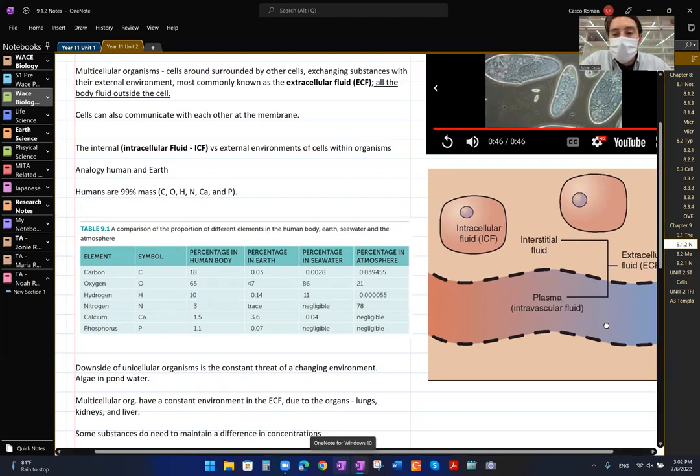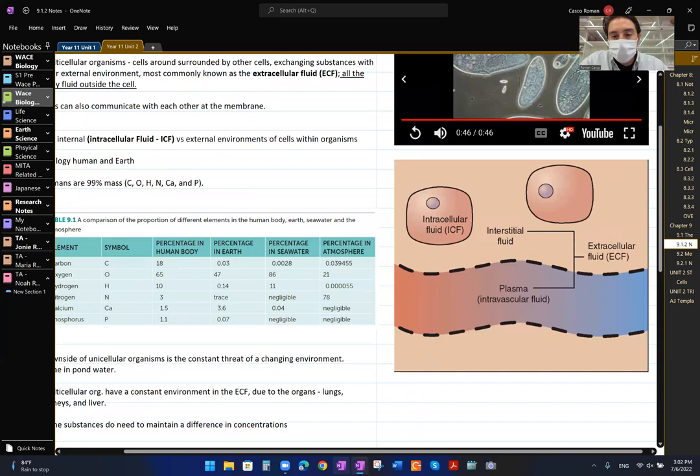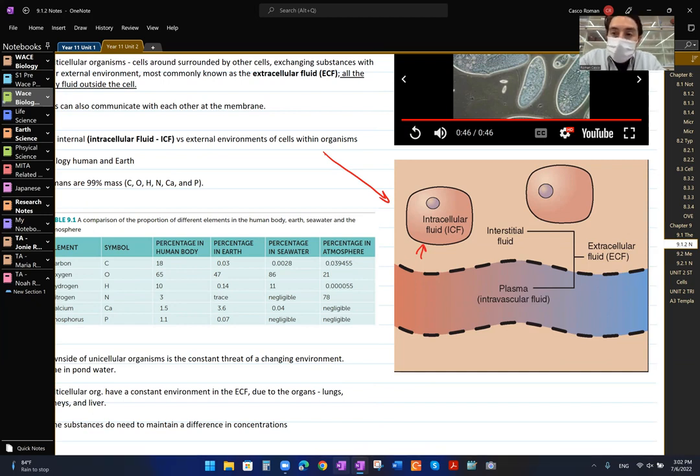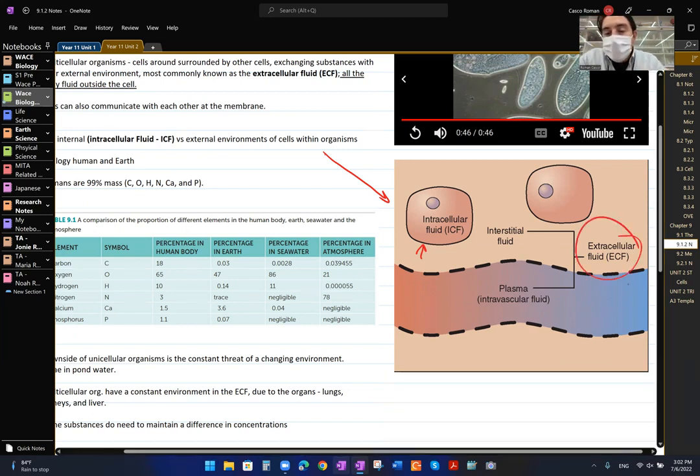So if you take a look at this little diagram here, I'm going to designate this in these notes to this picture, right? You have your cell, and the stuff inside the cell is called the ICF. Everything that's outside of that cell is referred to as the extracellular fluid, and it's broken down into two further things.